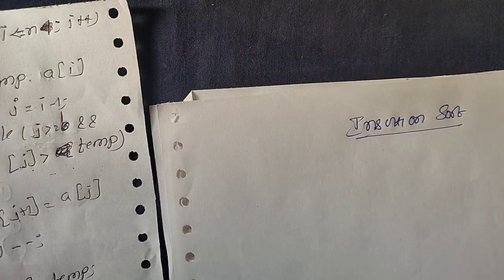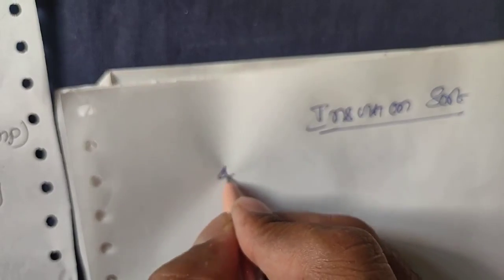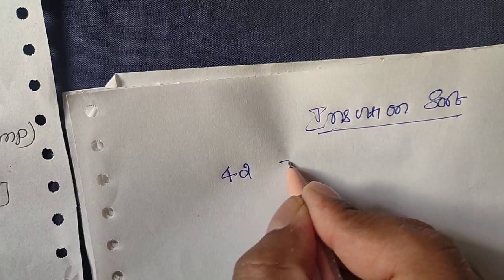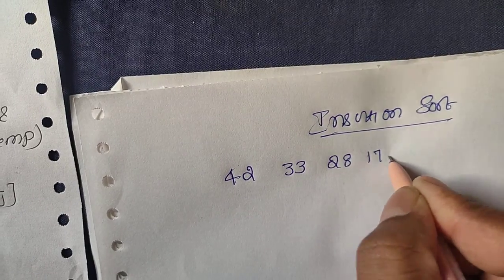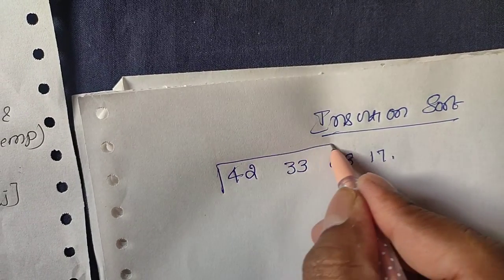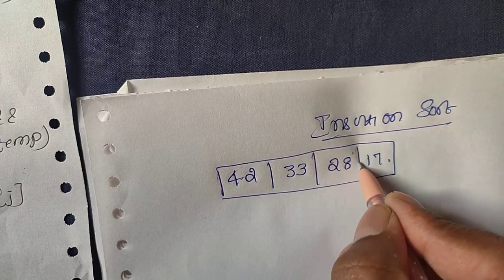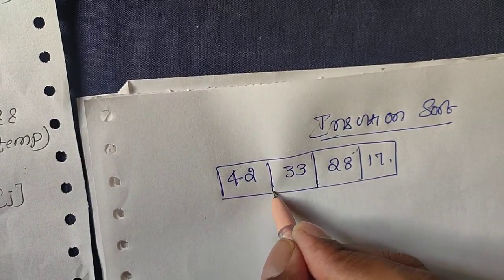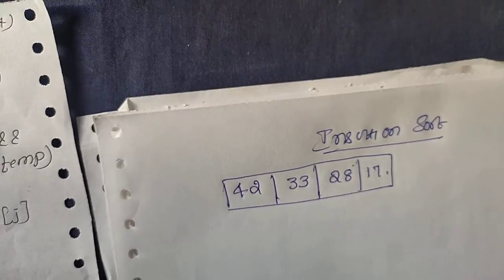So here I will take one simple example: 42, 33, 28, 17. Please observe the index values. In C or Java or any language, array index values start from 0 to n minus 1.